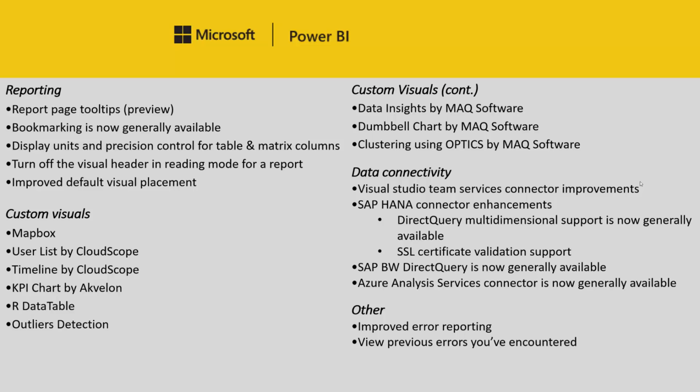Last on our list are 2 error-related features that we're adding. First is that we are improving our error reporting for the desktop. If you've ever hit an exception while using the desktop, hopefully you haven't, but if you have, the process was that if you wanted to report it to us, we gave you a button you could click, and it would pop up in your email client a bunch of technical details for us to use with debugging, screenshots sometimes, trace files, all the stuff that we use to help figure out what the issue was so we can fix it.